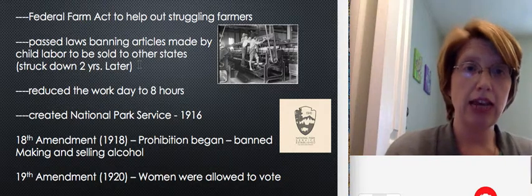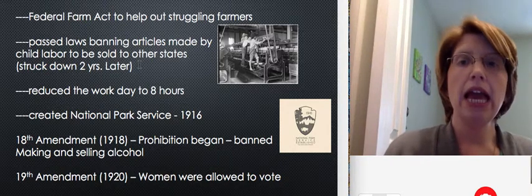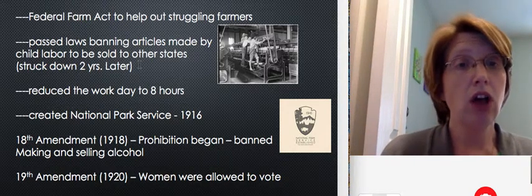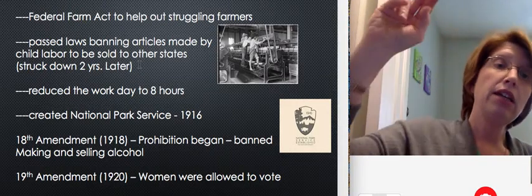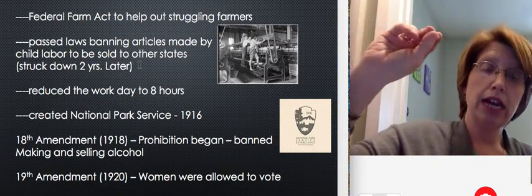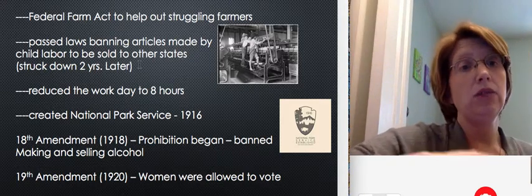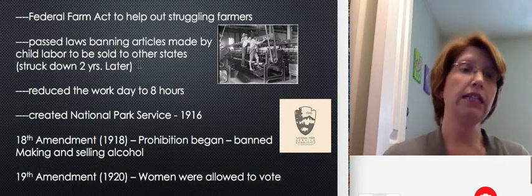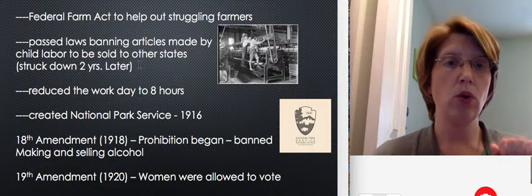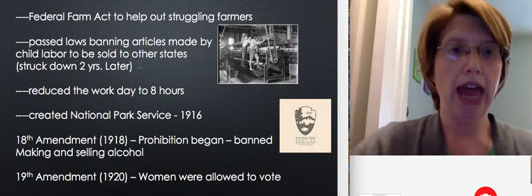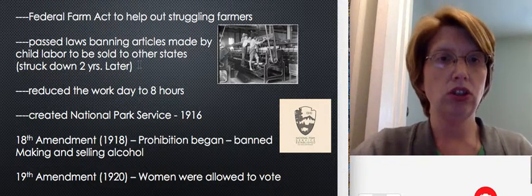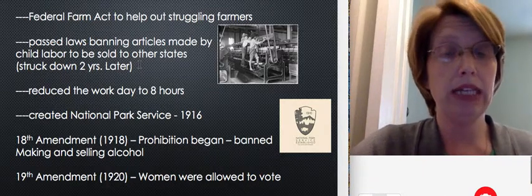Okay, that's called interstate commerce. They passed that law, and then 2 years later, the Supreme Court struck it down and said it was unconstitutional. So what they said was, no, we can't have that law anymore. It's okay, you can sell that.